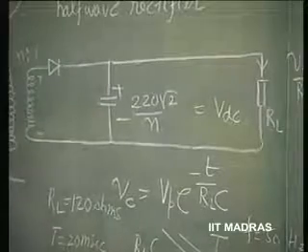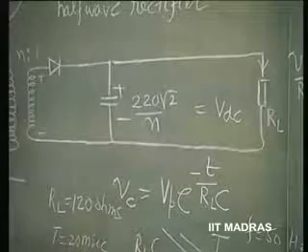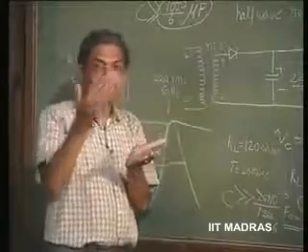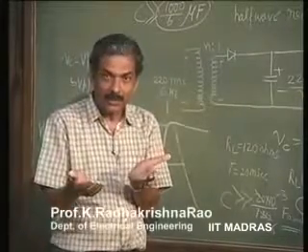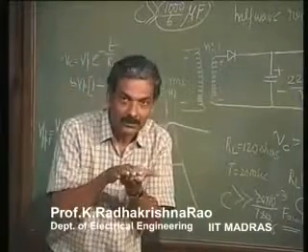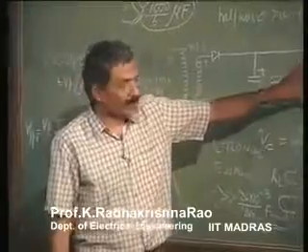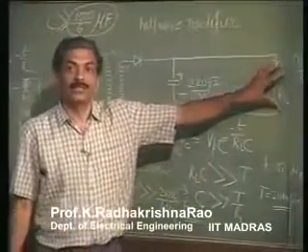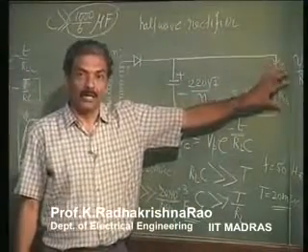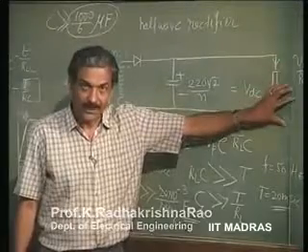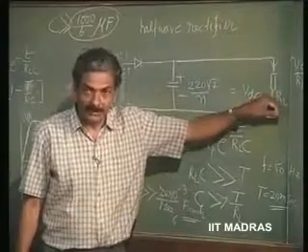If that ripple is itself kept very small, then in other situations where less current is drawn, the ripple is going to be still smaller. So we do this design for what is called the worst case situation, where RL is the lowest, where the current drawn is the highest.